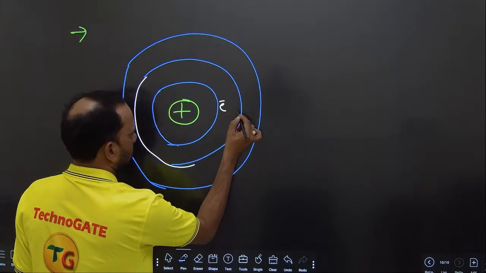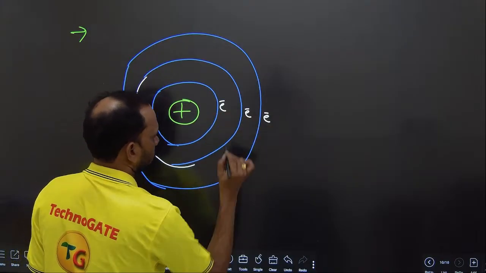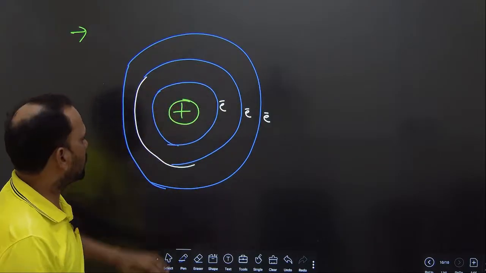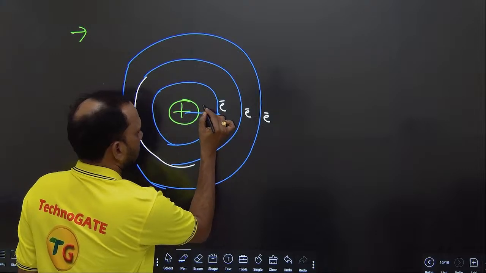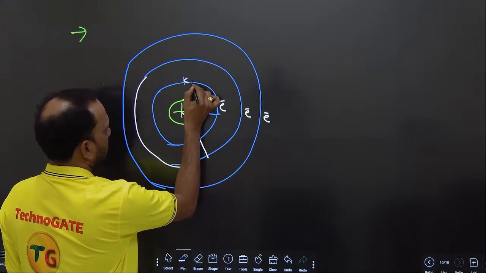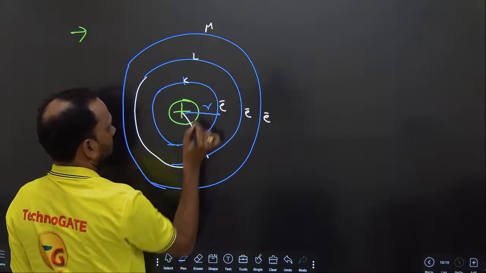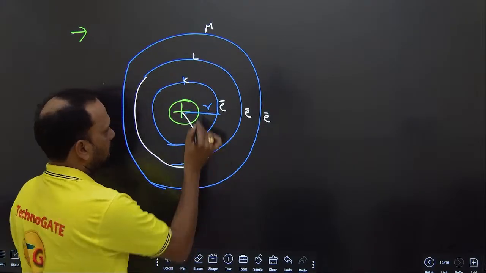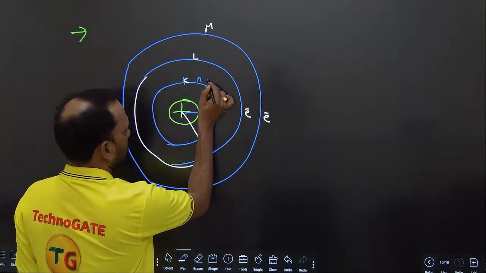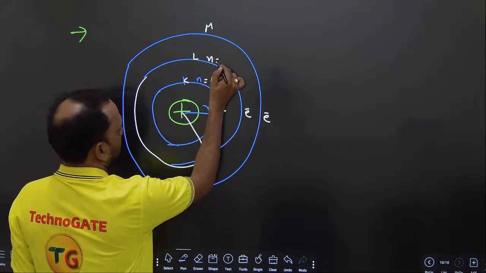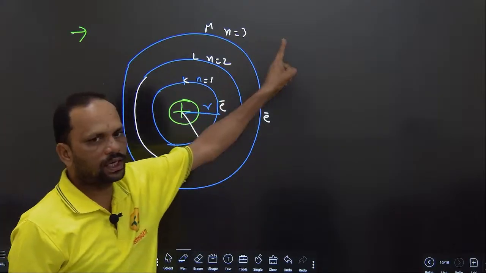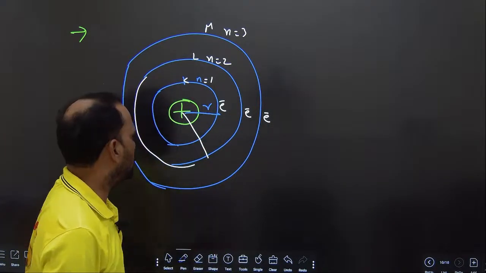So this is an electron. What is the radius of this electron's orbit? How is this called? K shell, L, M. Principal quantum number n. We can call it n is equal to 1, n is equal to 2, n is equal to 3. Here n is equal to 1, 2, 3 are called principal quantum numbers, right?